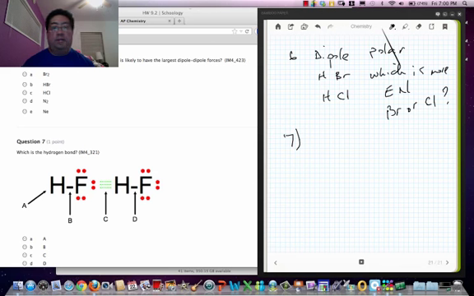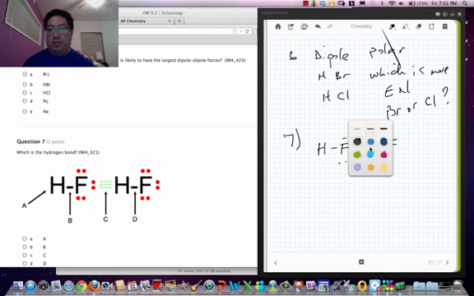7, you're looking for a hydrogen bond. So remember, hydrogen bond is an intermolecular force. So if I have HF and HF, the hydrogen bond, remember, is based upon an unshared pair of electrons from a polar molecule attracting a hydrogen from a polar molecule. So you have these different regions.